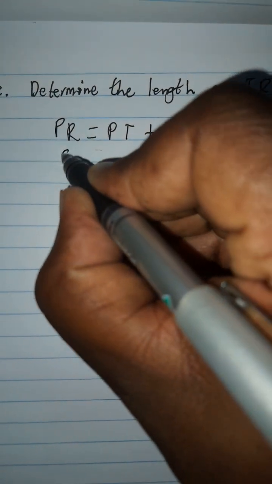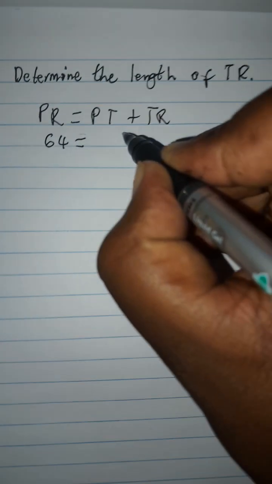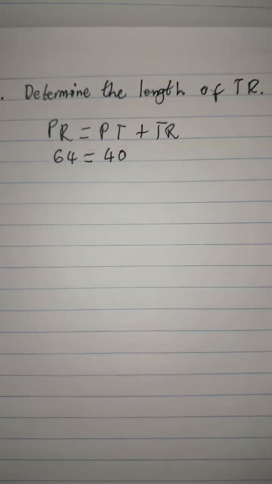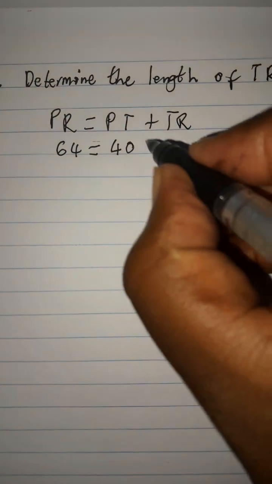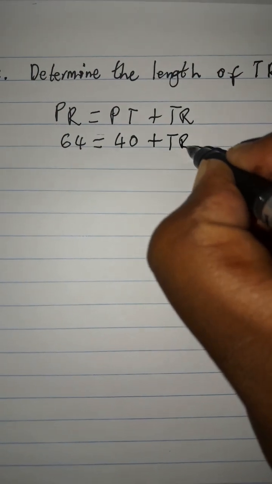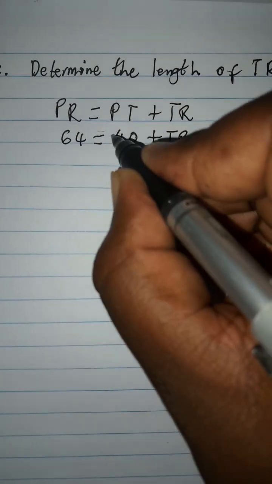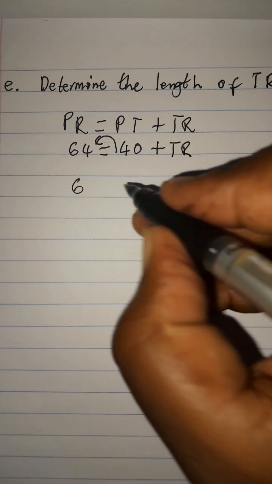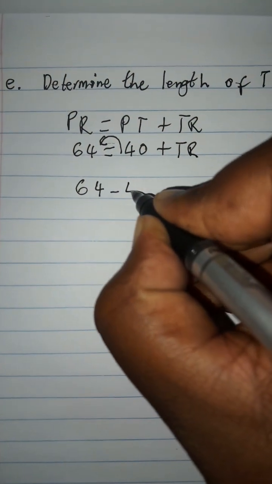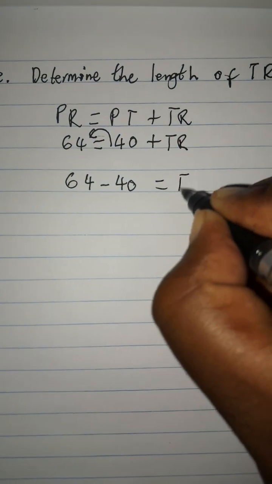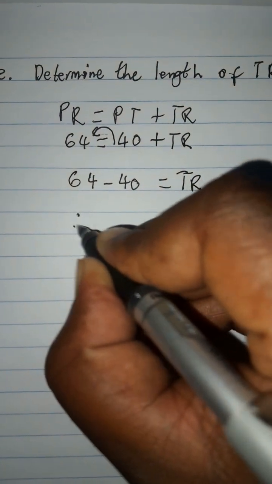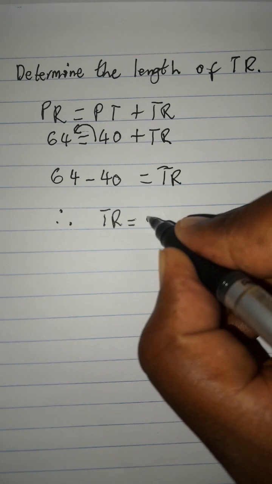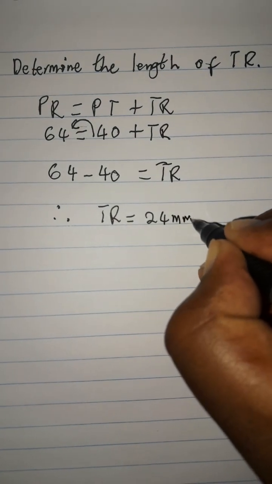PR was given as 64, and we calculated that PT was 40 millimeter, plus TR there. So we're going to say 64 and 40, then transpose 40 to the other side. So we are going to have 64 minus 40, which equals TR. Therefore, TR, what is 64 minus 40? That will be 24 millimeter.